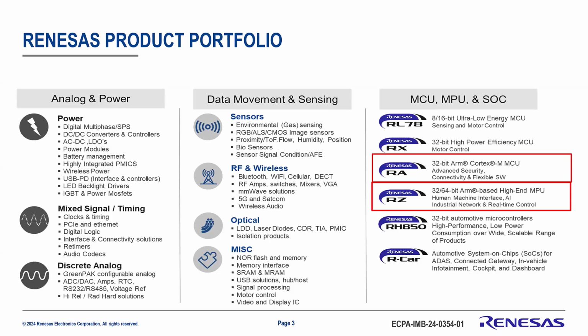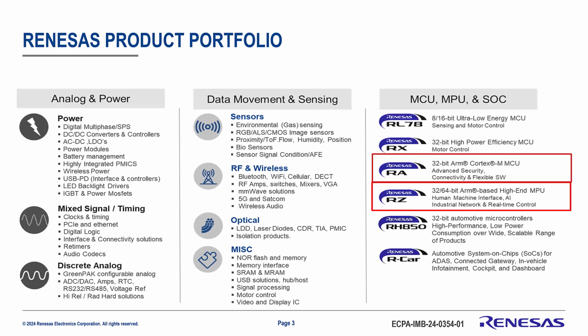But first, let's talk a little about the Renesas product portfolio, a rather broad portfolio that has really gotten bigger over time. On the left side, we have analog and power, so PMICs and clocks essentially. In the center, we have sensors, RF, and some optical.